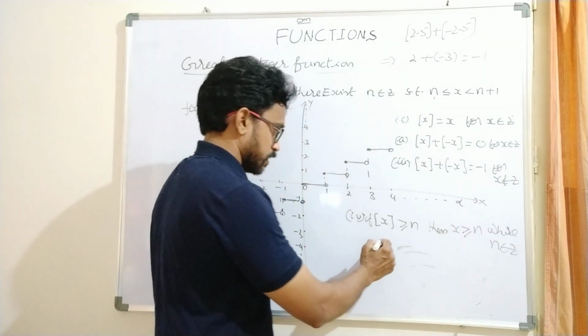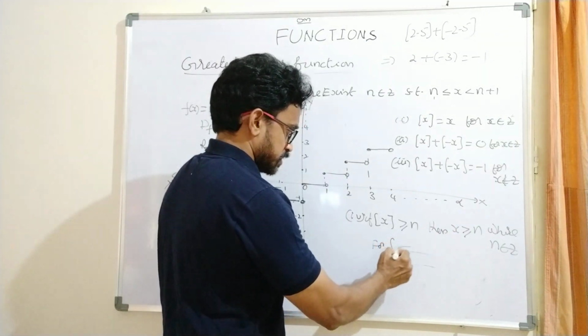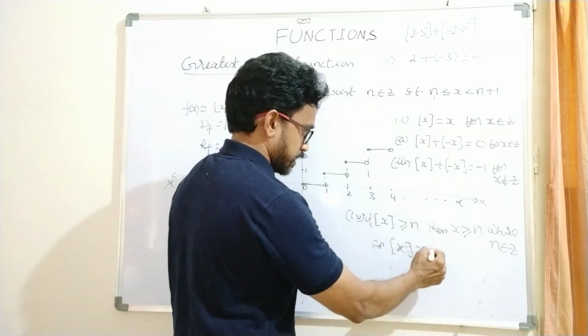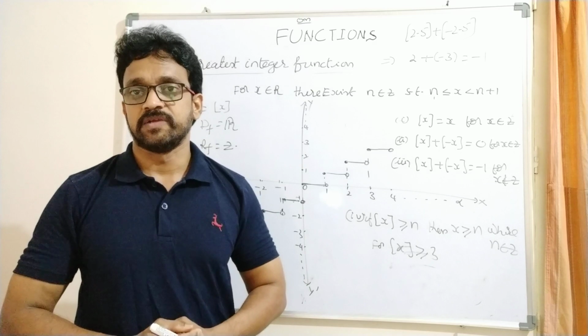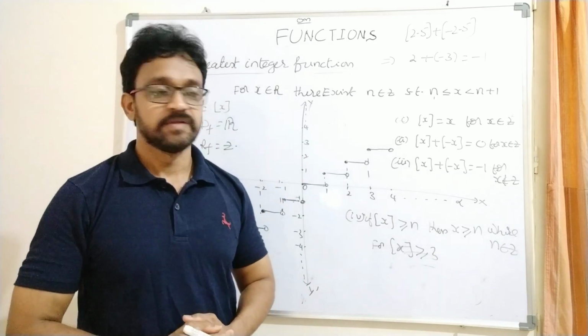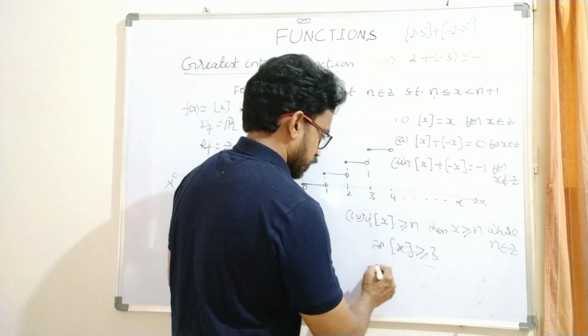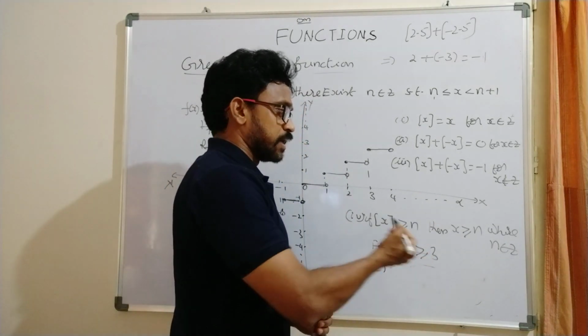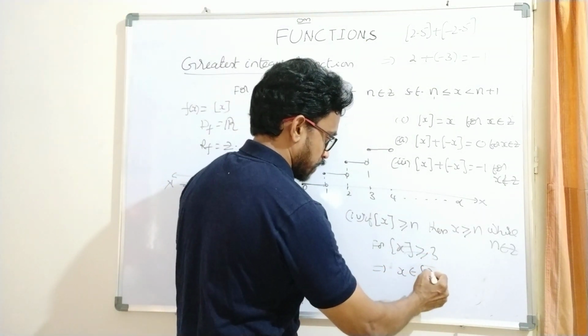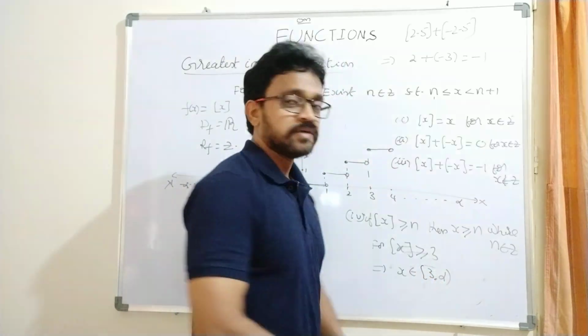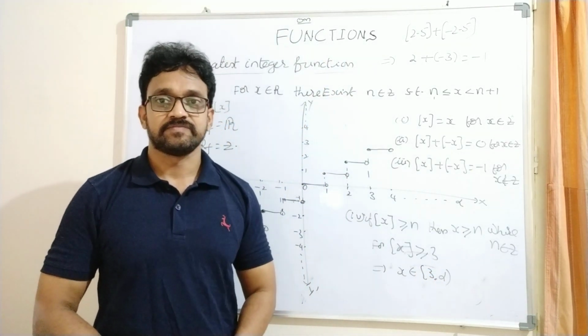For example, step x is greater than or equal to 3. Then what about the x range? Here, very simple. The x value is greater than or equal to 3. That means x belongs to the left-closed, right-open interval 3 comma infinity.